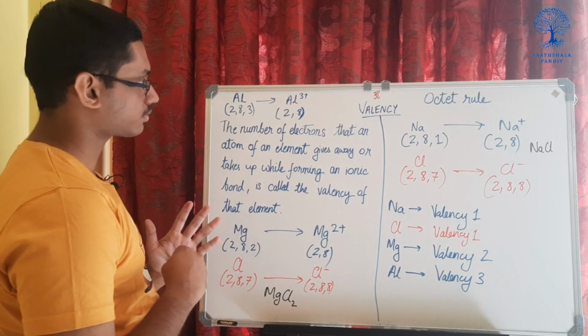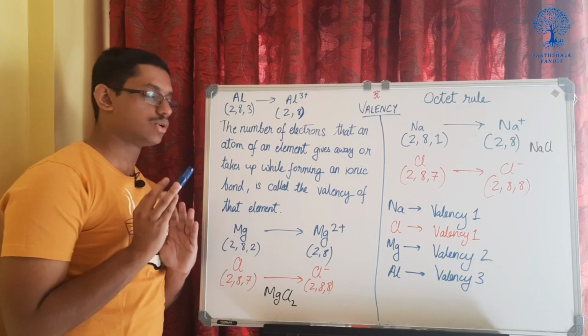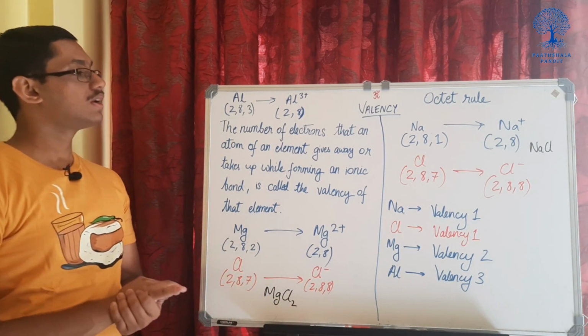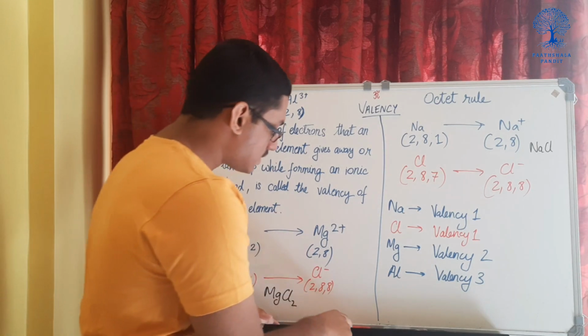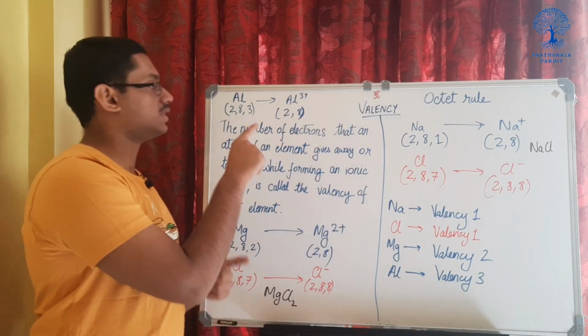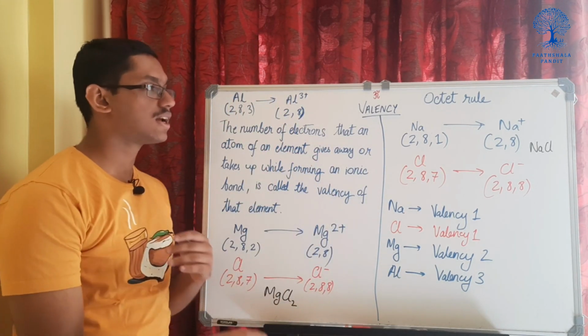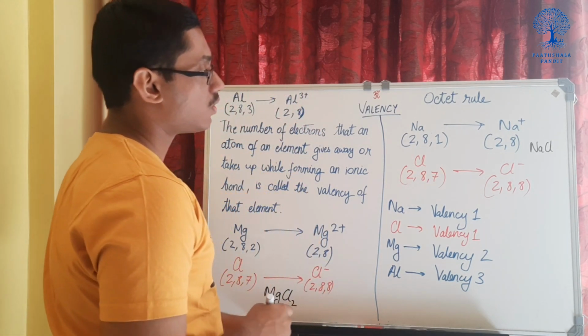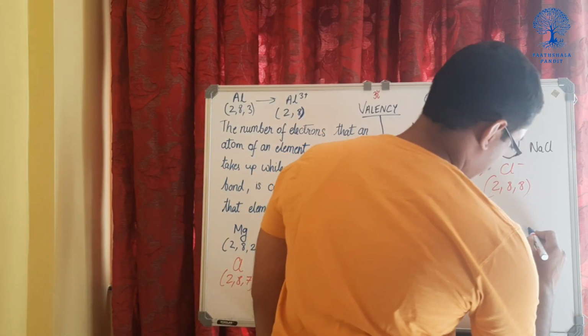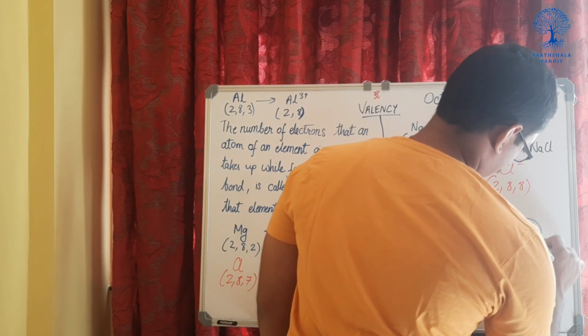So till now you understood what is happening. And another thing to remember, this is valency, which means how many electrons can be given or taken. But you must also know what valence electrons are.